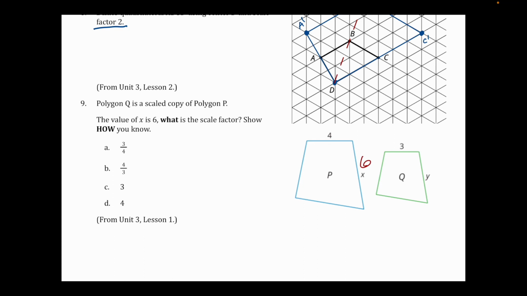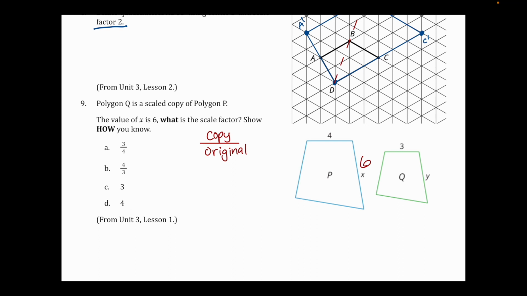We want to find our scale factor. We actually don't need to know the value of x in order to find our scale factor here. All we need to do is find a corresponding piece on our copy, and divide that by something from the original.